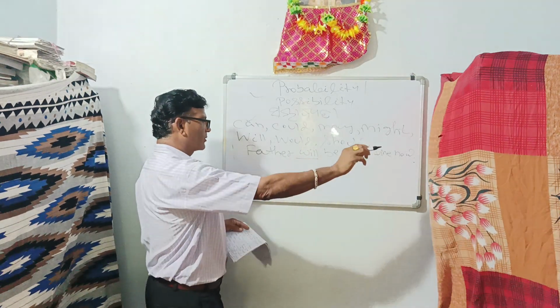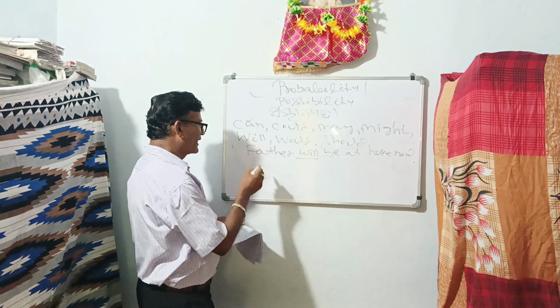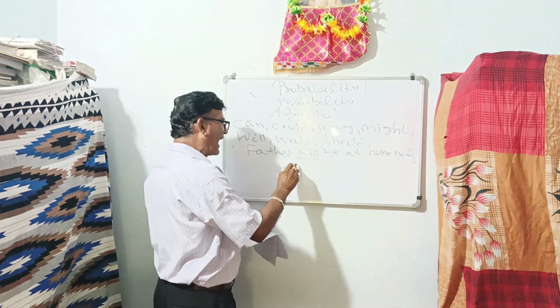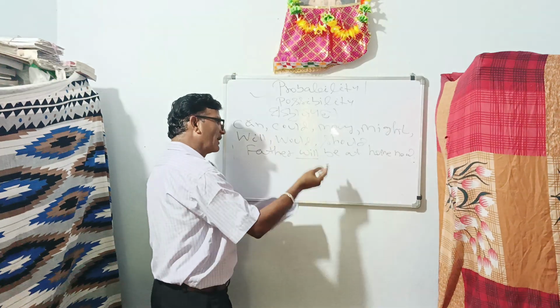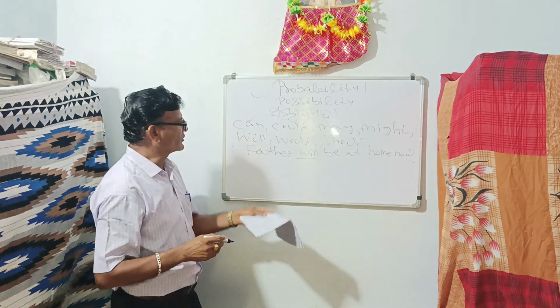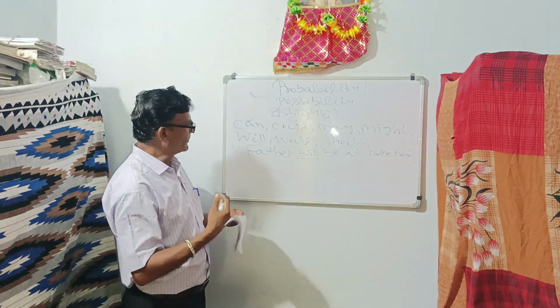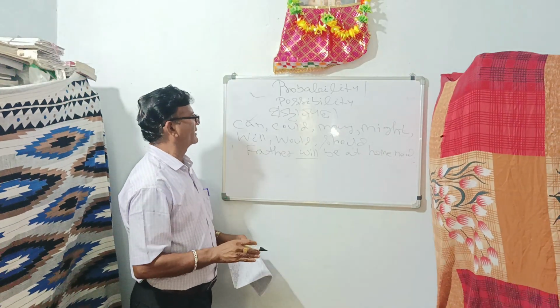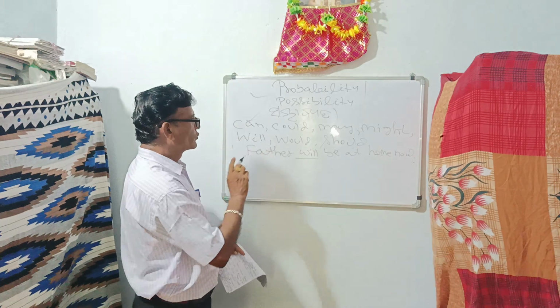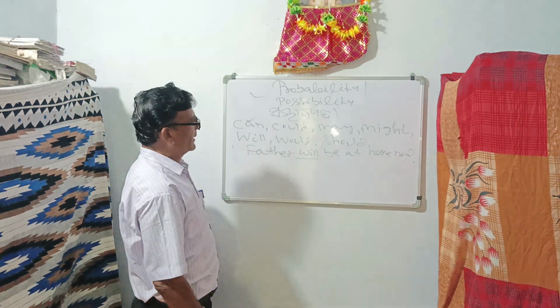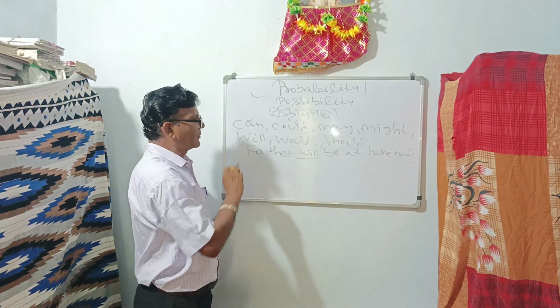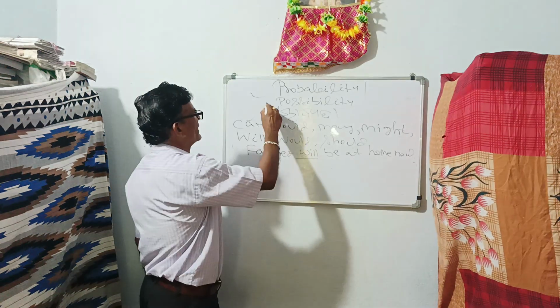Would: he would be at home now. Would is the past form of will. Low probability. Will is high probability, would is low probability.